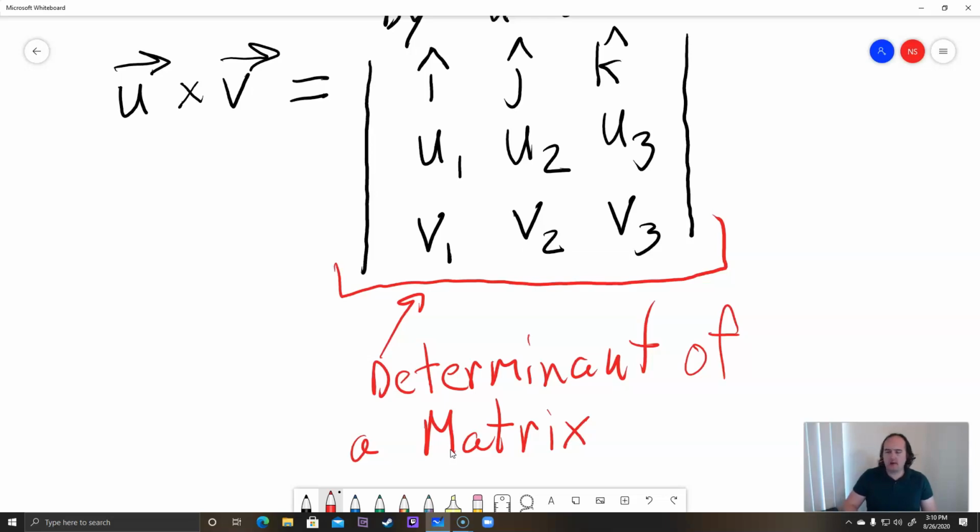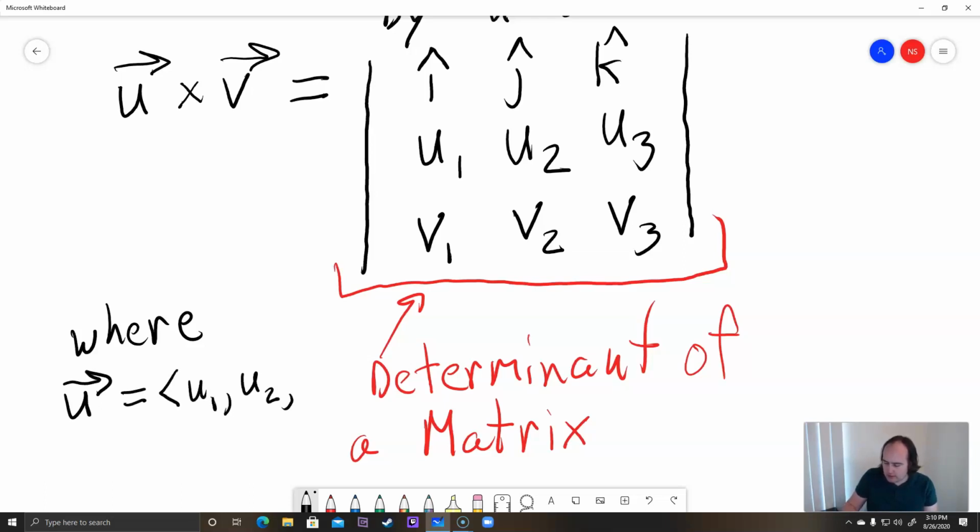And remember, i, j, k, those are the unit vectors. u1, u2, u3, those are going to be the coordinates of vector u, where vector u equals u1, u2, u3, and vector v equals v1, v2, and v3.